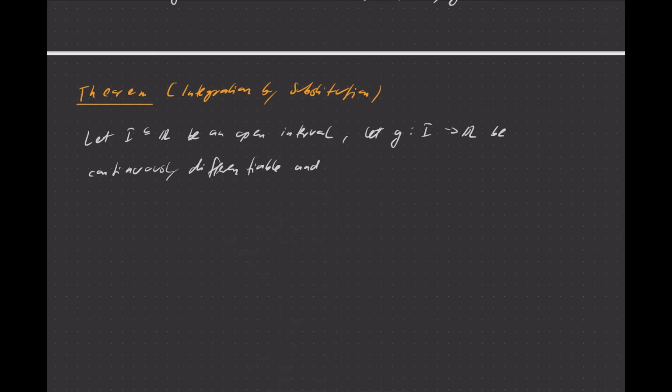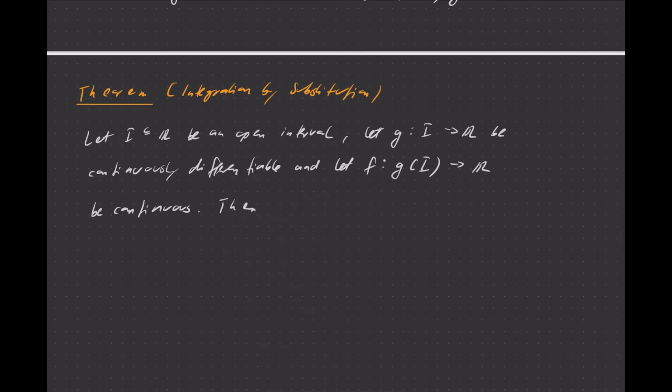And we want a function f. F is defined on the image of g, so g of I, and also maps to R. And that function is continuous, so that we can integrate.